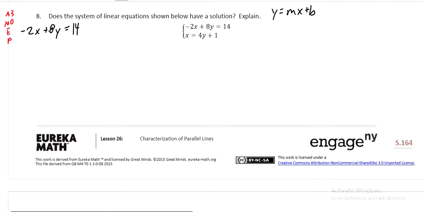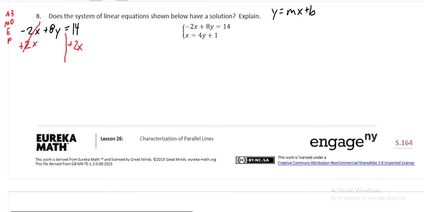This negative 2x is being added to the term with 8y in it, so I figure out what to add to make it 0. I add positive 2x to this side, and that cancels out with negative 2x. Since I added 2x to this side, I have to add 2x to the other side.